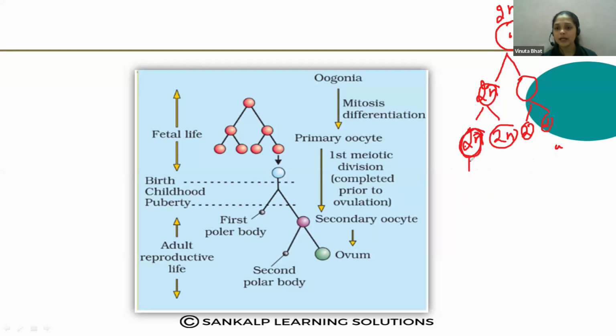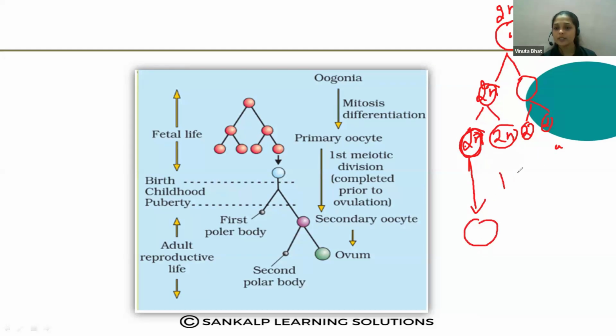This primary oocyte starts the meiotic division and forms the secondary oocyte.